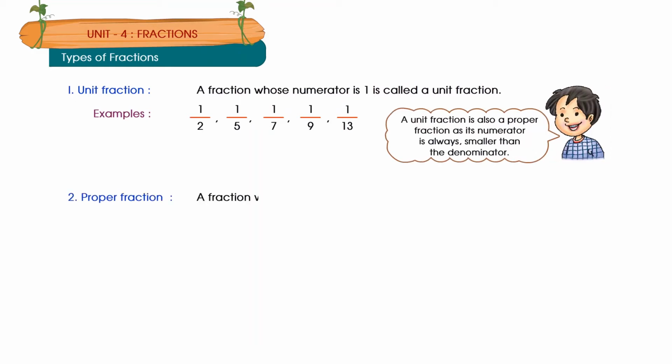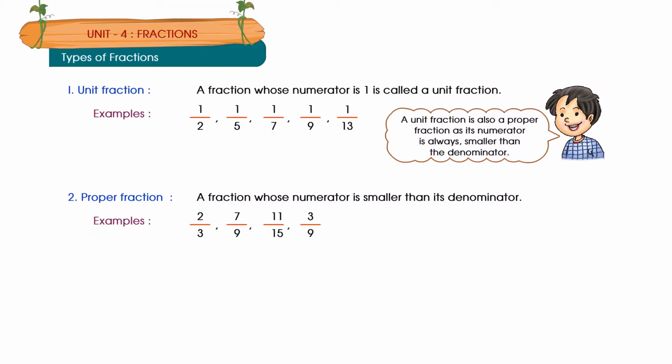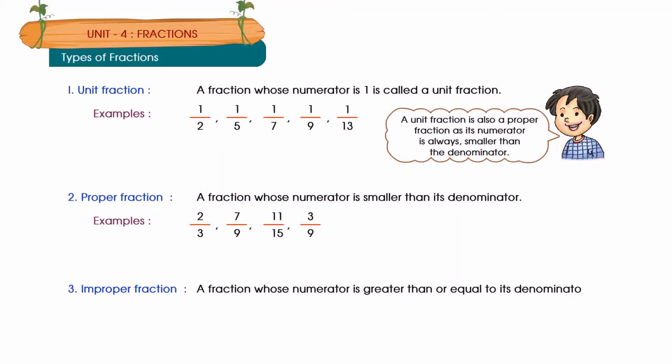A fraction whose numerator is smaller than its denominator. Examples: 2 by 3, 7 by 9, 11 by 15, 3 by 9. 3. Improper fraction. A fraction whose numerator is greater than or equal to its denominator. Examples: 9 by 9, 11 by 9, 8 by 7, 6 by 4.